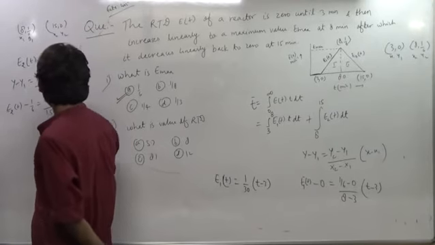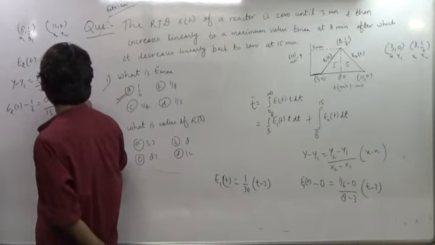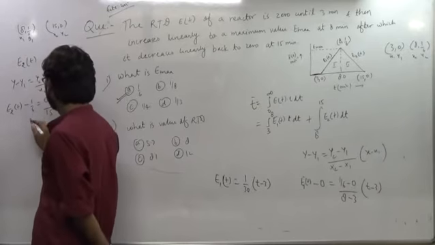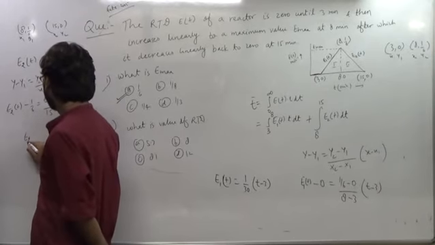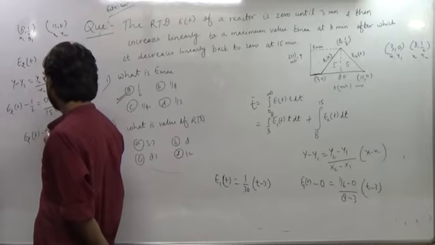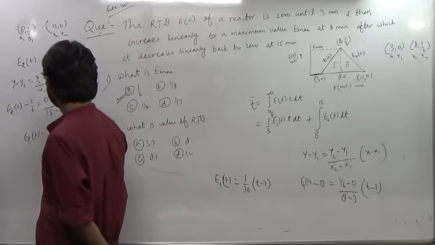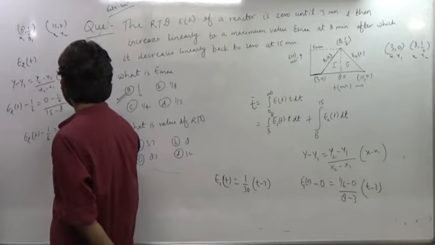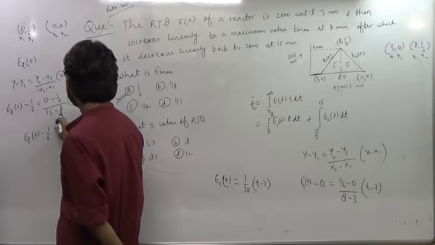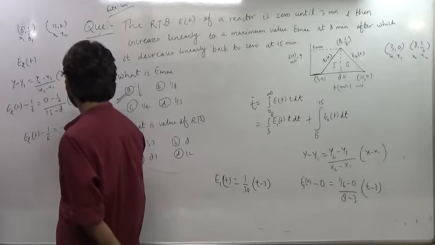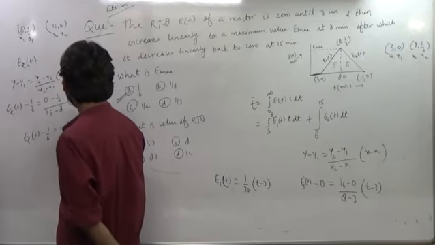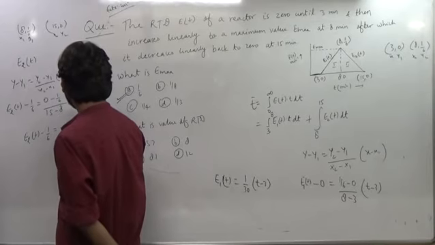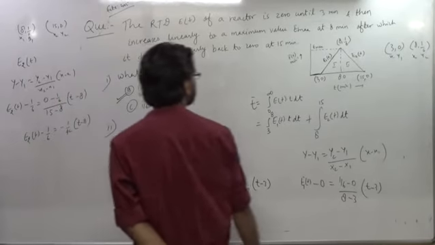So now in place of x we can write t. So e2(t) minus 1 by 6 is equal to, if you solve it, we will get minus 1 by 42, times (t minus 8). Okay.